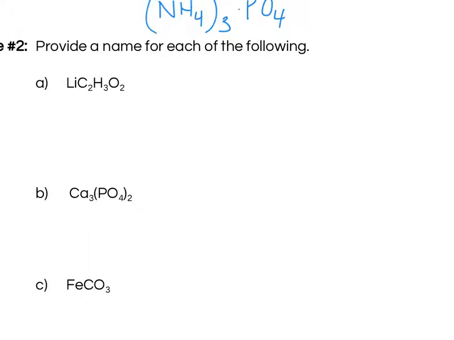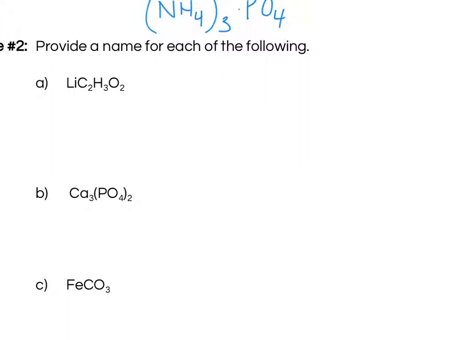All right, so next part of this is going to involve us reminding you how to name each of the compounds that are in the list. So a good clue that you can look for to help remind you that some of these compounds are going to contain the polyatomic ions is you're going to see that there will be more than simply two elements in the compound. So for example, here I see lithium acetate, that says lithium, carbon, hydrogen, and oxygen, right? So I'm going to look on my polyatomic ion list, and I'm going to see that this thing right here is called acetate.